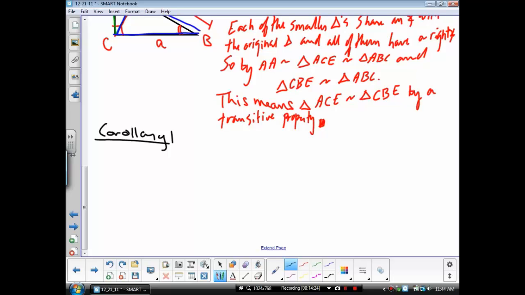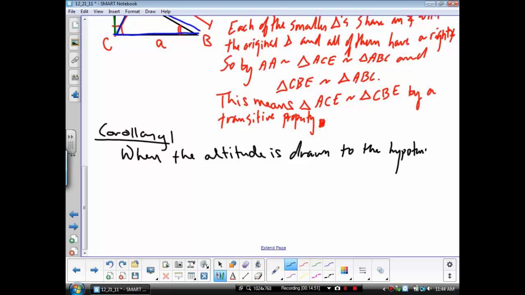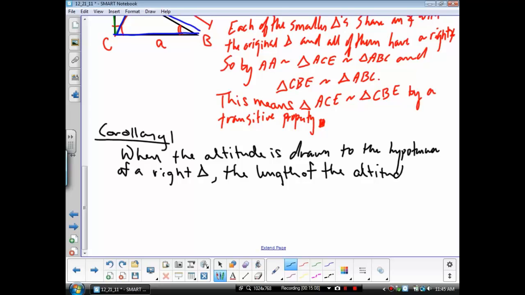Corollary 1 says, when the altitude is drawn to the hypotenuse of a right triangle, the length of the altitude is the geometric mean between the segments of the hypotenuse.